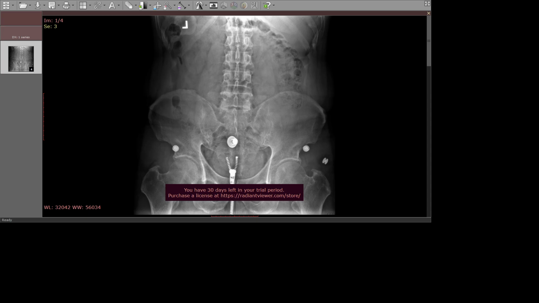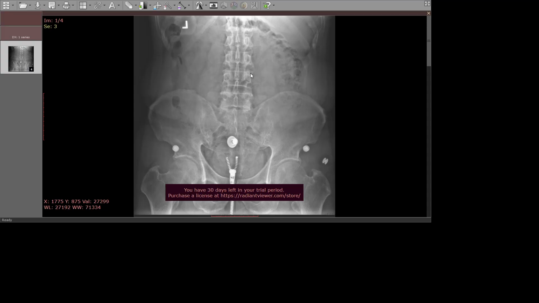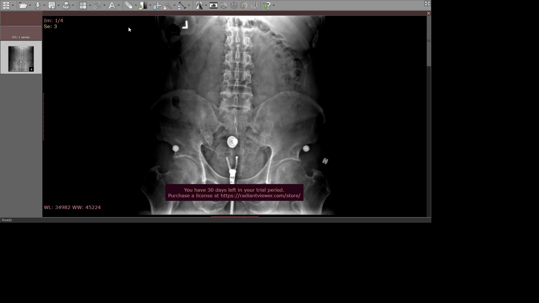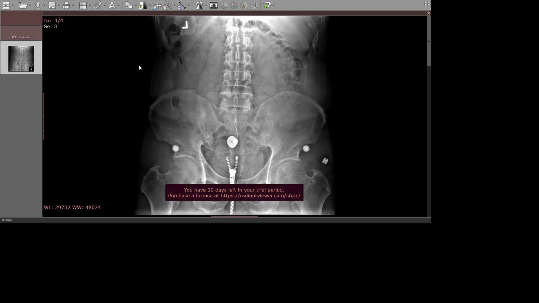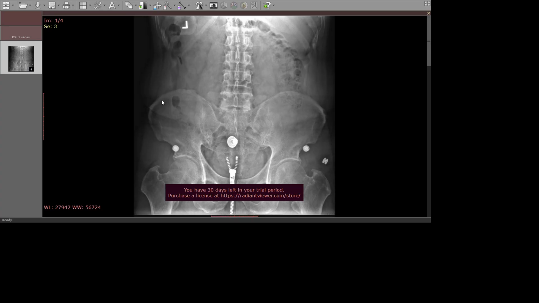But we can take this tool, this is in the post-processing because it's after I took the image, to change the contrast. So I can make it more gray, I can make it darker to see better shades of gray. So this is really something that can help with radiographic contrast, but it's not something that you should rely on if you get poor contrast images from not collimating appropriately or using proper technical factors.